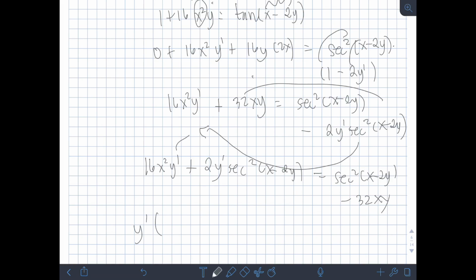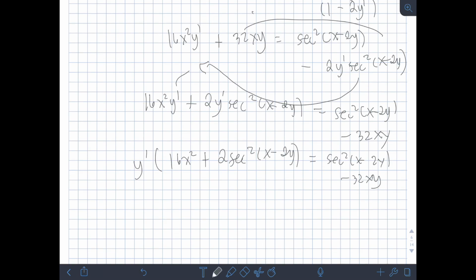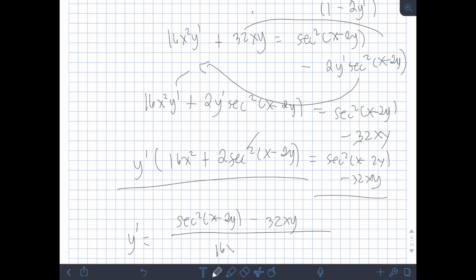Then, divide both sides by this quantity, magiging y prime is equal to secant squared of x minus 2y minus 32xy over 16x squared plus 2 secant squared of x minus 2y.